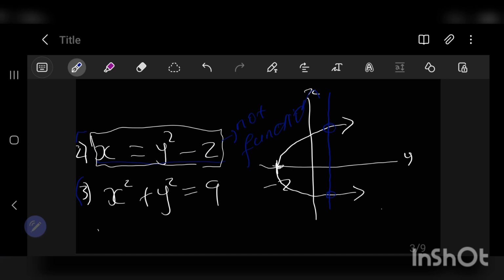A vertical line test, and test whether the vertical line cuts the graph in 1 point or in 2 points or more. So if it cuts the graph in 2 points or more, you can conclude that this is not a function. But if it cuts it once, then you must know that it is what? It is a function if it cuts it once. But if it cuts it two or more times, it is not a function. I hope things make sense, people.